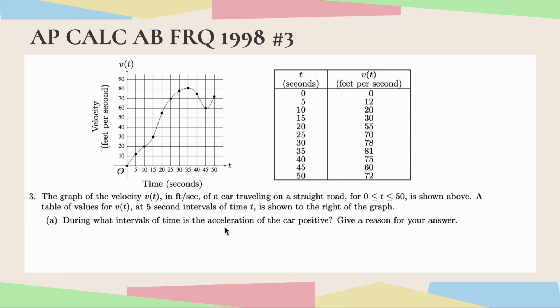So when they are asking when the acceleration is positive, they're saying when is a of t greater than 0, right? This is the same as asking when is v prime of t greater than 0, or when is the slope of v of t positive, right?